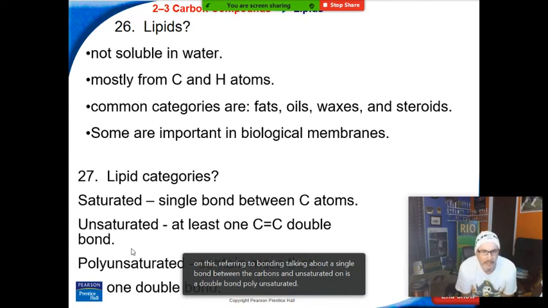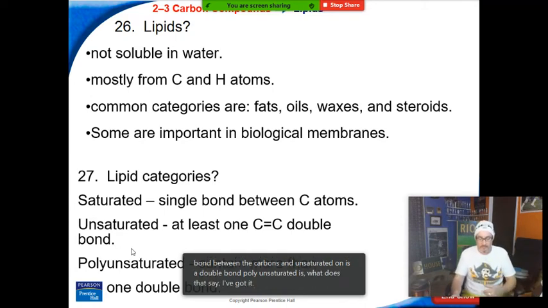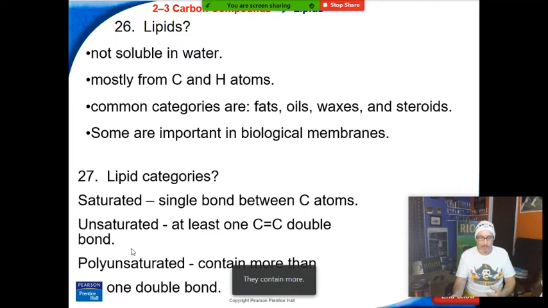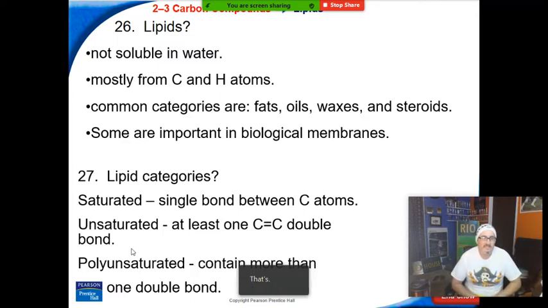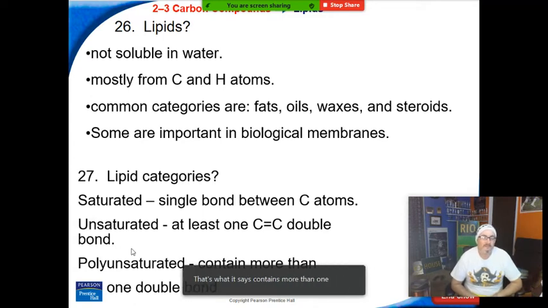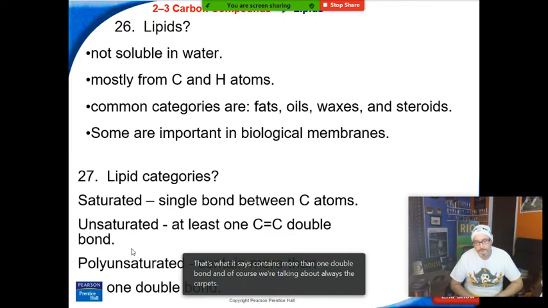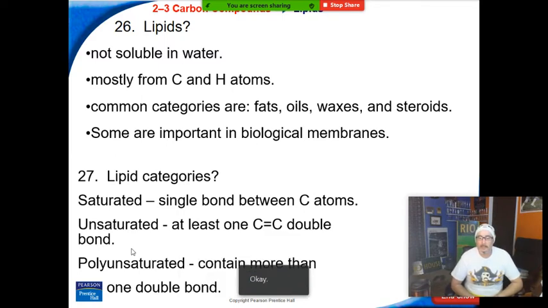Polyunsaturated is, what does that say? I've got it right here. Never mind. They contain more than one double bond between the carbons. That's what it says. Contains more than one double bond. And of course, we're always talking about the carbons. Okay, getting ready to hop ahead in about 15 seconds.